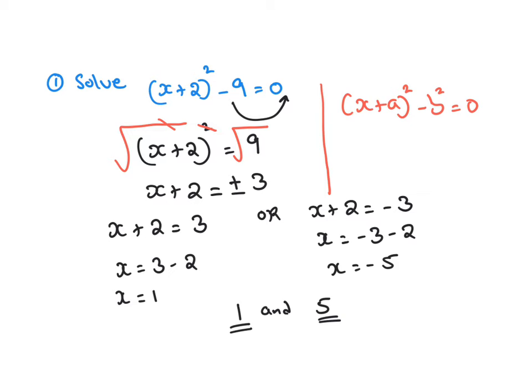If we are able to write any quadratic equation in this form, it will become very easy for us to solve it in this way. The process of writing the quadratic equation in this form is called the completing the square method. And let us see how we go about doing that.